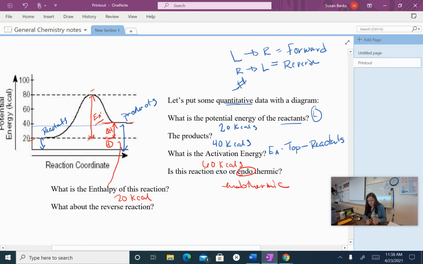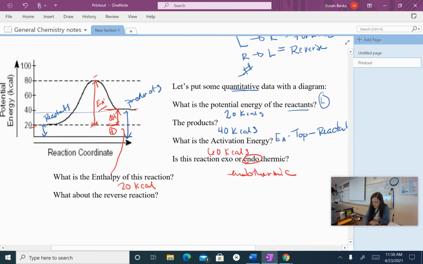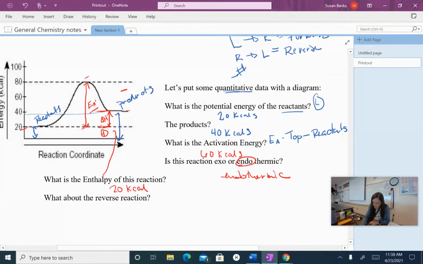Okay, what about the reverse reaction? For the reverse reaction, I would start here. So the reverse, this would be my reactants, and this would be my products. I would start at 40 and end at 20.